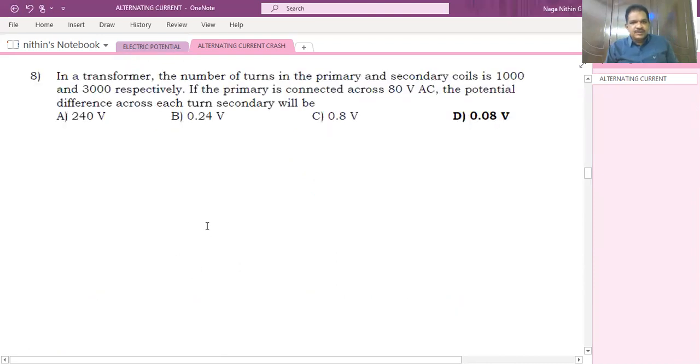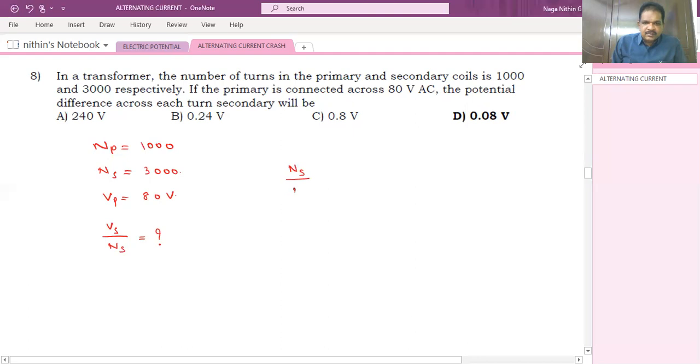See the next question. In a transformer, the number of turns in the primary and secondary are NP is equal to 1000, NS is equal to 3000. Primary is connected to 80 volt AC. Potential difference across each turn in the secondary, Vs by Ns is equal to how much, they are asking. See here, what is the formula?